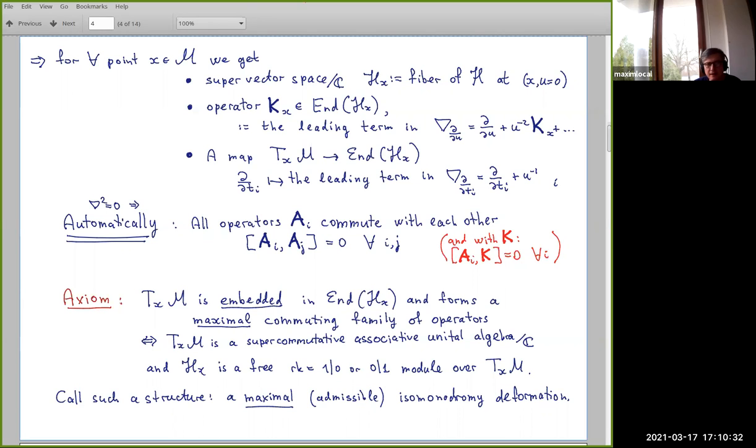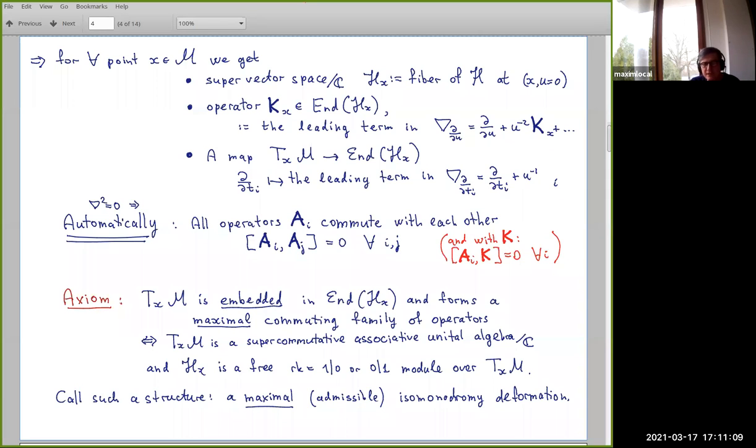Then for this point, I have a canonical operator K_x, depending on x, an endomorphism of this fiber. What is K_x? I consider the connection in the u variable and choose some trivialization. If I lift the vector field d/du, I get d/du plus a series starting from u^-2. And the leading term doesn't depend on the choice of trivialization. So I get a well-defined operator in this fiber at 0, and denote it by K_x.